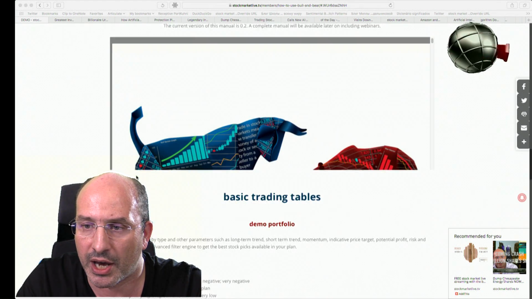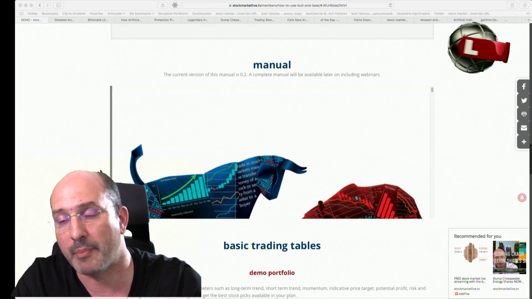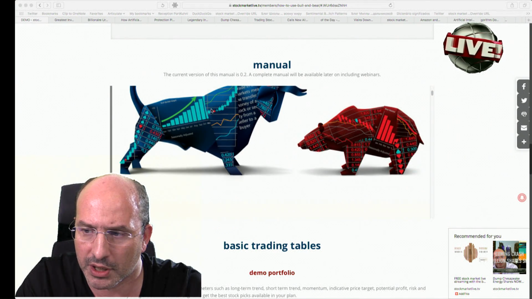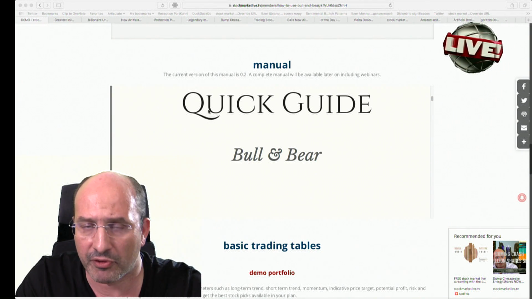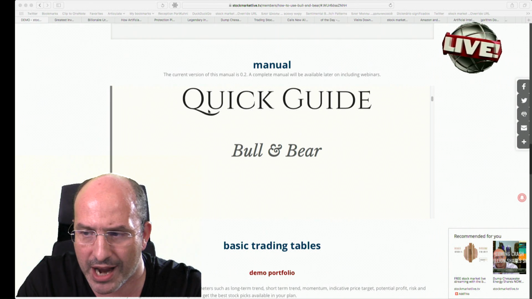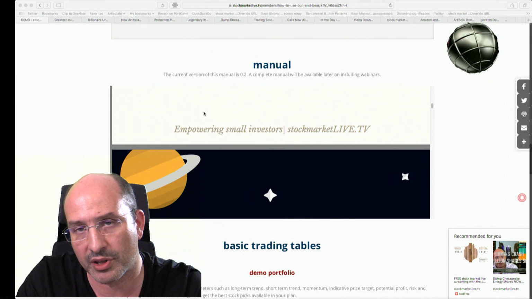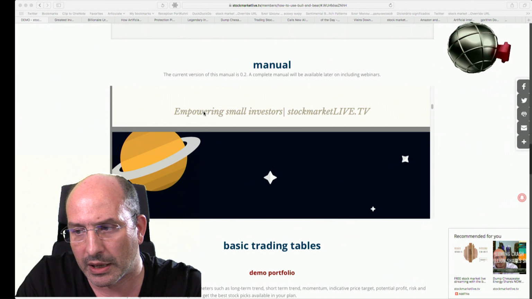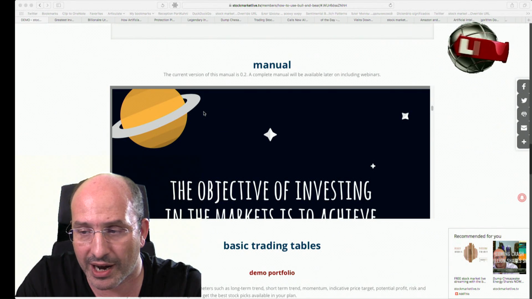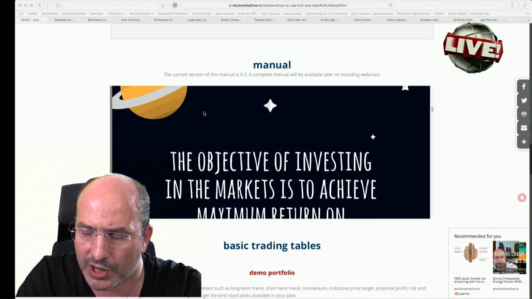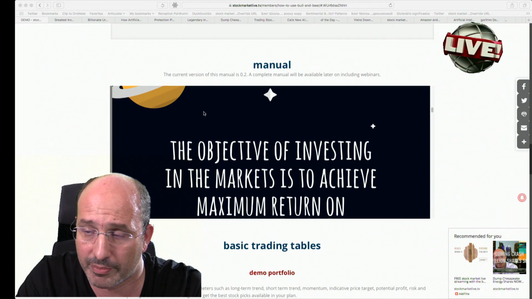You have a manual. This manual is version 0.2, so it is the beginning. For us, the manual itself is not very important, but we have been focused on developing the platform, which is by far more important, and later on developing the manual.